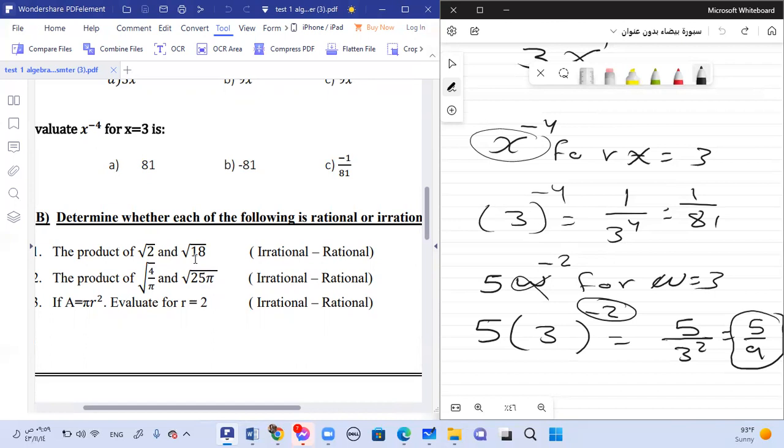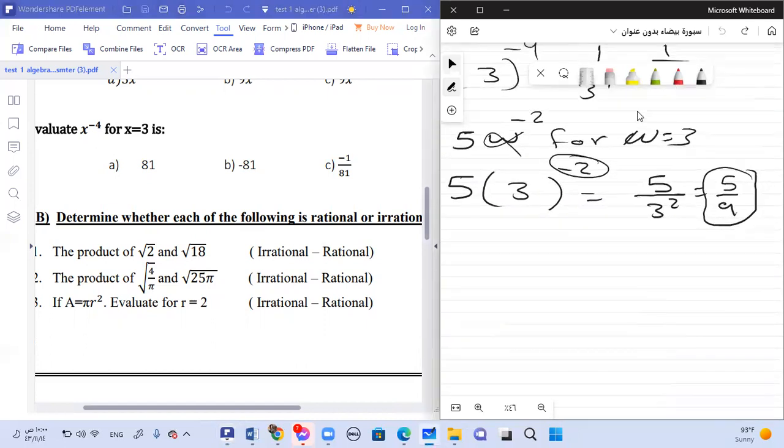Square root 2 multiply square root 18, or 2 multiply 18 will be 36. Okay, 2 multiply 18 is 36, the square root of 36 will be 6. If we have a whole number without a fraction, it's rational. A number without a fraction and without a long decimal on the calculator represents a rational number. Okay?